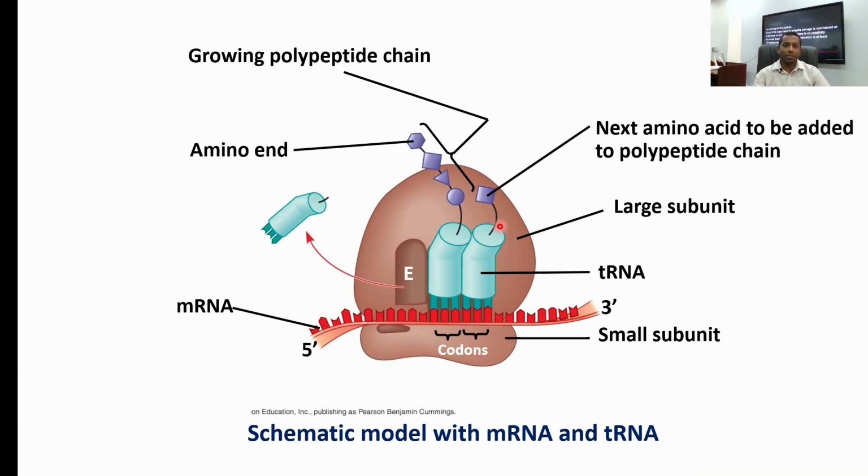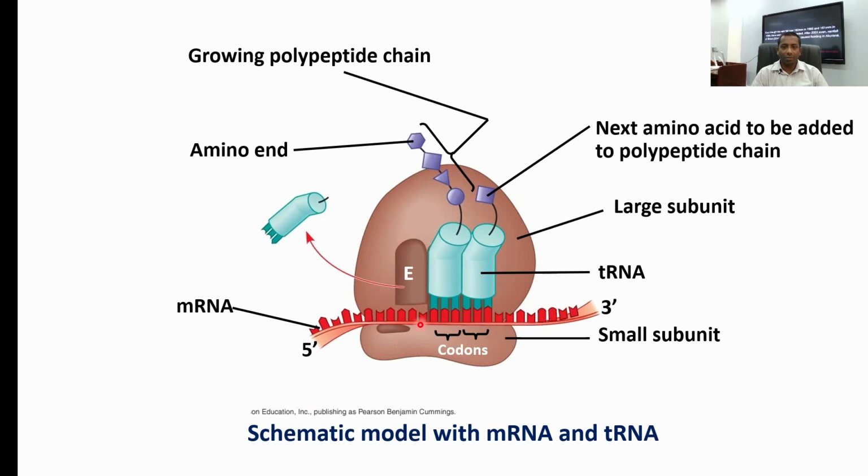Right. So, let us see how translation is done. If transcription is the first stage, transcription means writing. So, you are writing the information in the DNA into the mRNA. Then the second step is translation, or reading of the mRNA strand. So, here we have a ribosome attached to an mRNA molecule. This attachment takes place at the 5' end.